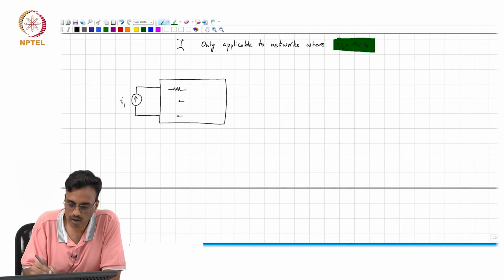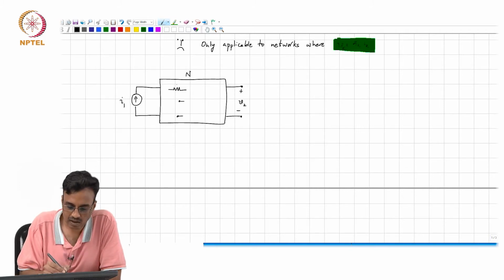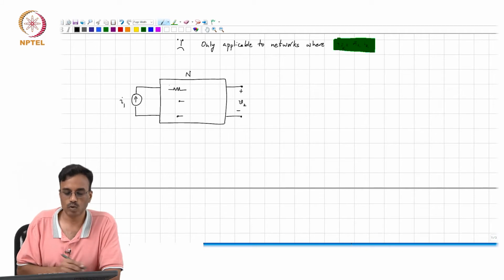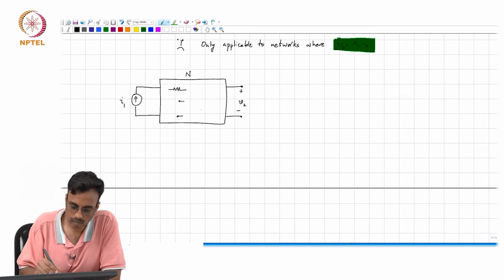So this is I1, this is V2, and this is the network N. I believe we called these A and A prime and B and B prime.